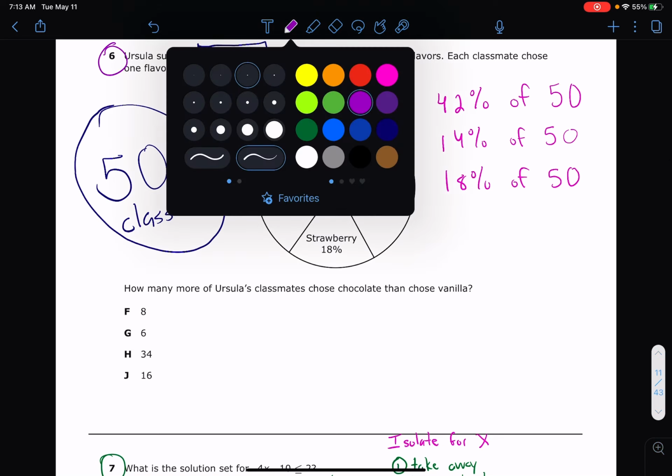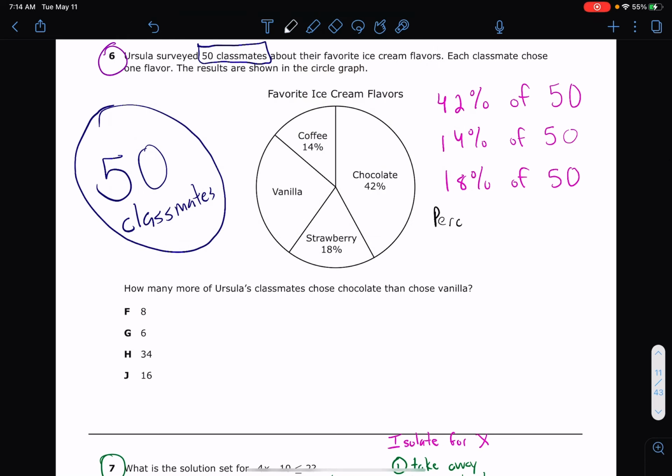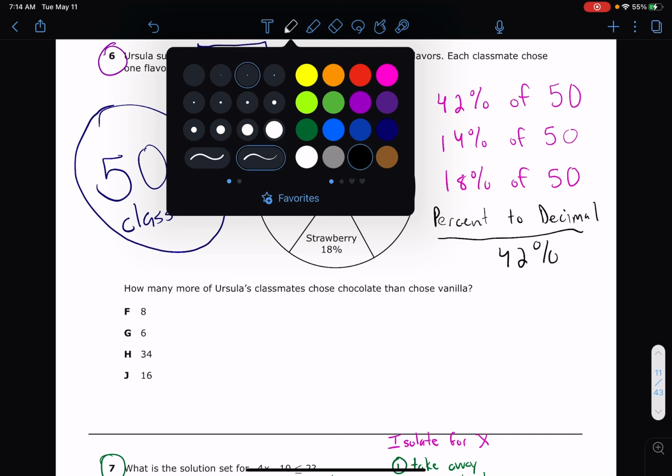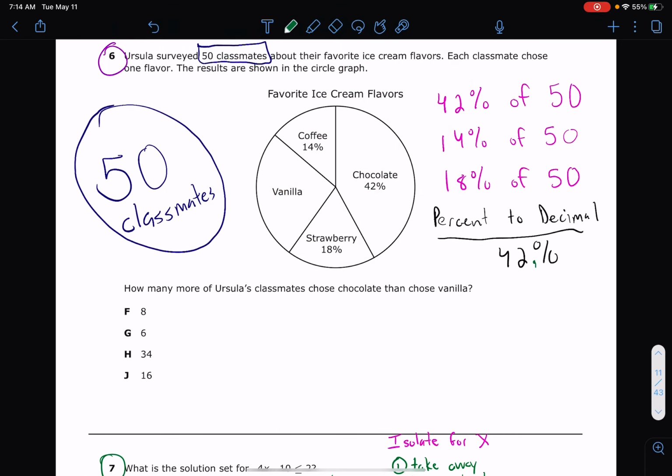So the first thing you do is you have to change the percent to decimal. Tienen que mover el porcentaje a decimal. And all you do is move 2 times to the left. 1, 2.